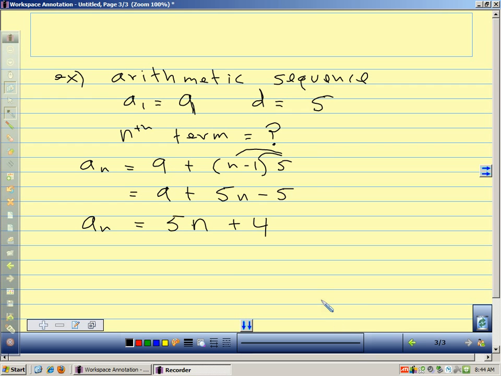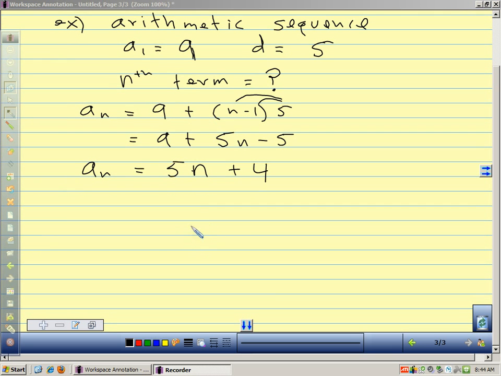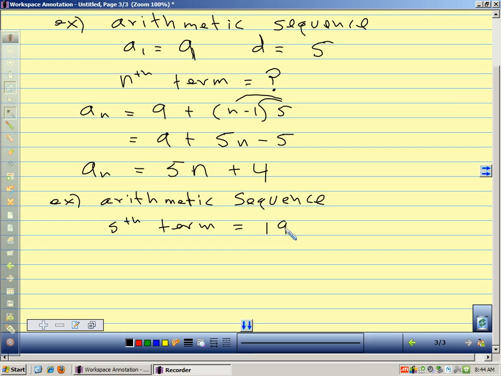All right, let's look at a little more complicated example. Takes a little more work. We have an arithmetic sequence. Our fifth term is 19, and our ninth term is 27, and we want to find the nth term.